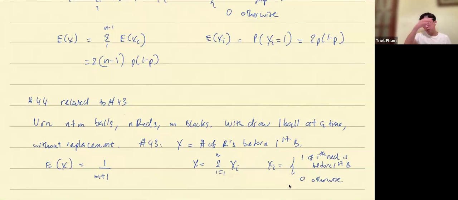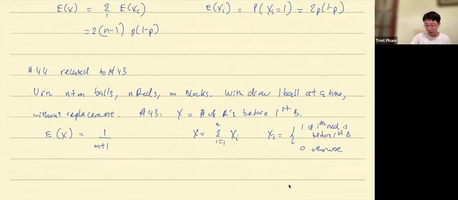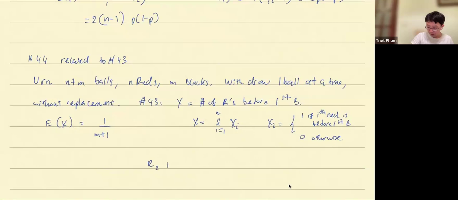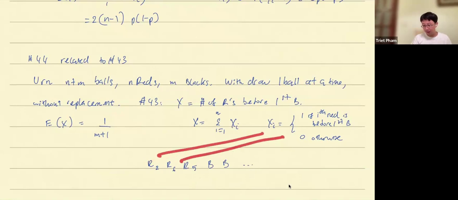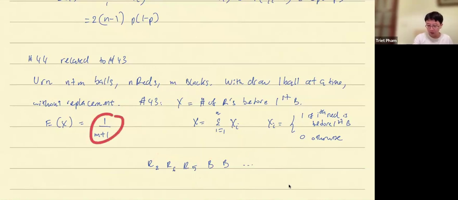So this is, let's say, red 2, red 6, and red 5, like that. If this is the case, then there are 3 red balls before the first black. And the indicators x2, x6, and x5 will be 1s. All the other xi's will be 0. And 1 over m plus 1 is the expectation of the xi.